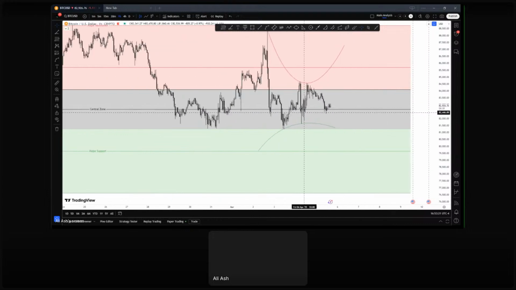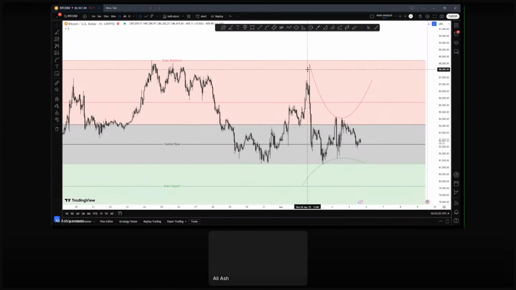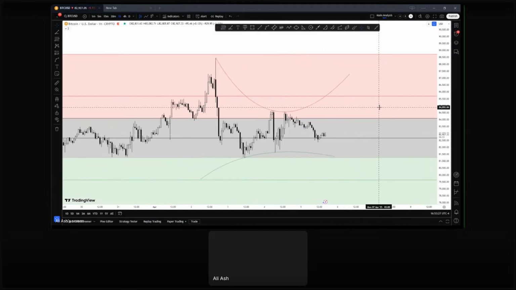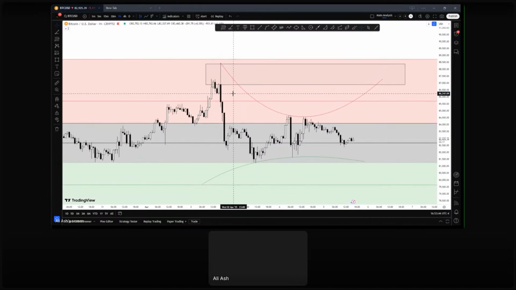We are hovering around the central zone. We saw this resistance lately, and this is our volume fill up area. On any liquidity swap, what is a liquidity swap? A liquidity swap is a wick which shows that the body is closing way beneath the levels of the wick.